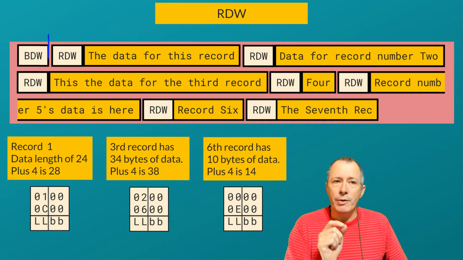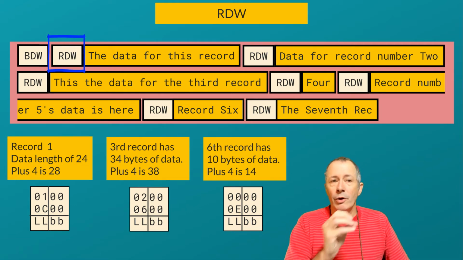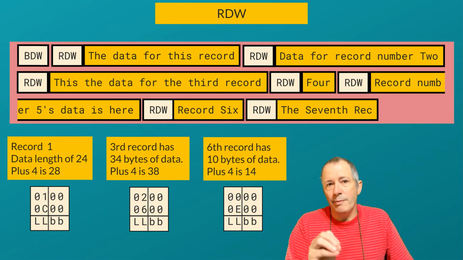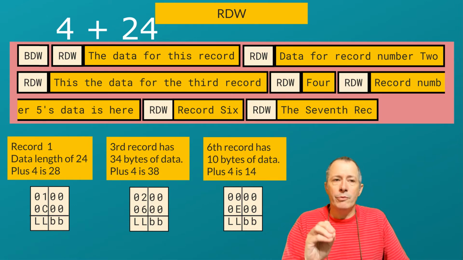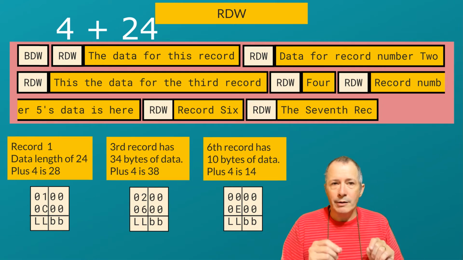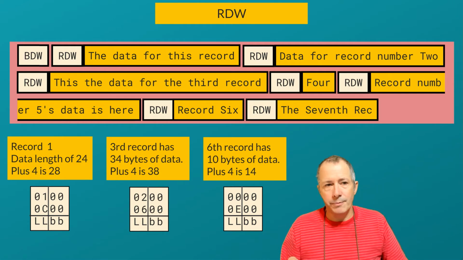The record descriptor word contains the length, including the record descriptor word. The RDW is 4 bytes, so the LL portion contains 24 bytes of data plus 4 for the RDW equals 28.